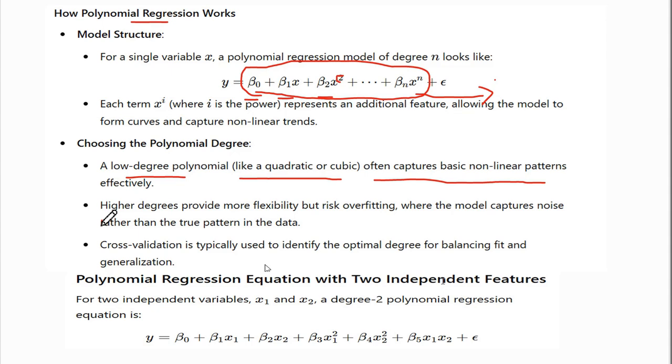That complex model may lead to a problem called overfitting. To balance that we use the bias-variance trade-off, which we will discuss later. So this is the equation for polynomial regression: simply we are adding some degree to the independent variable, and from that we get the polynomial regression equation.